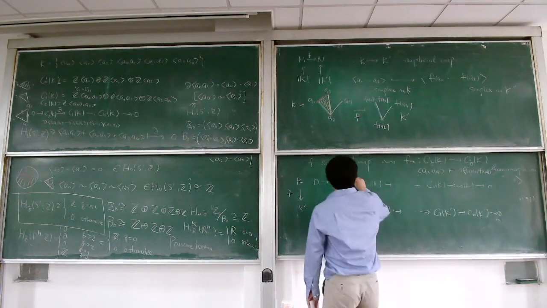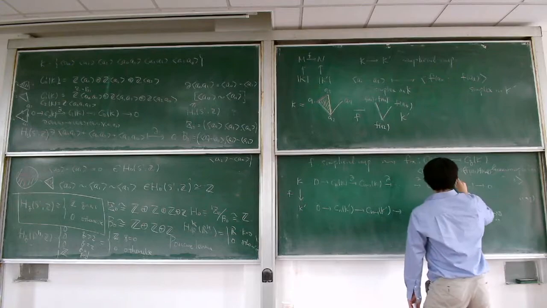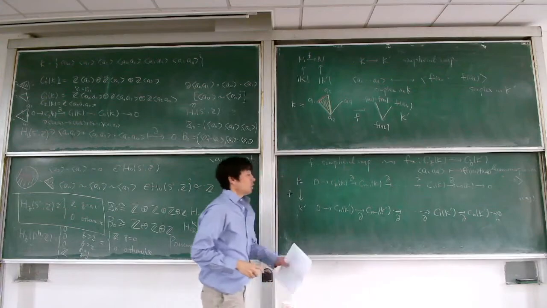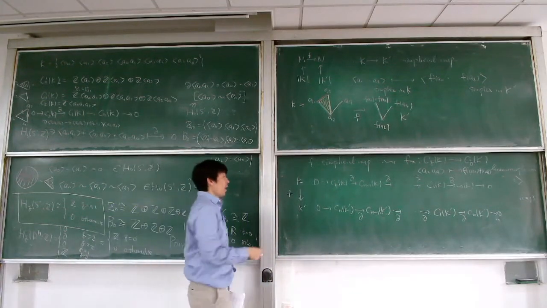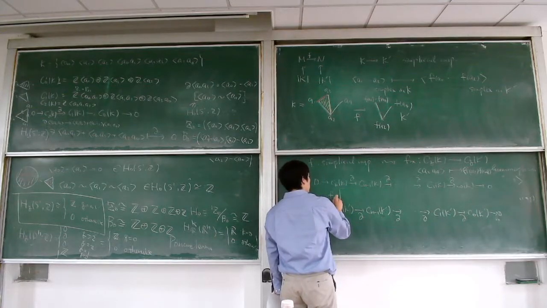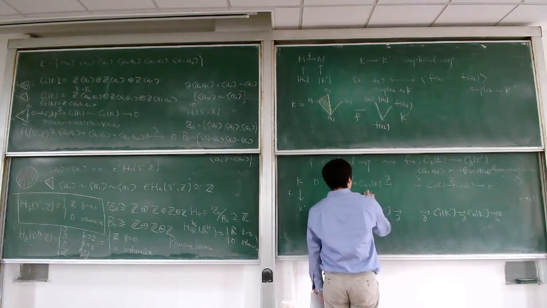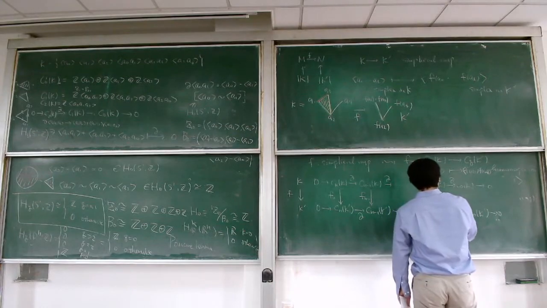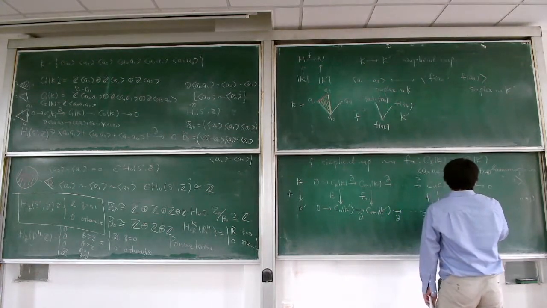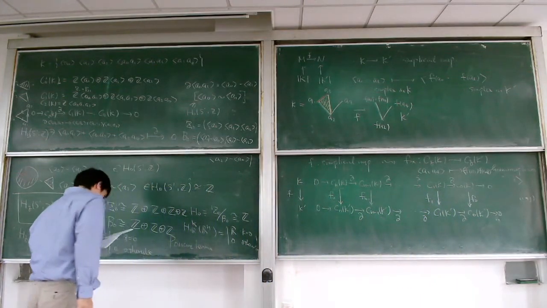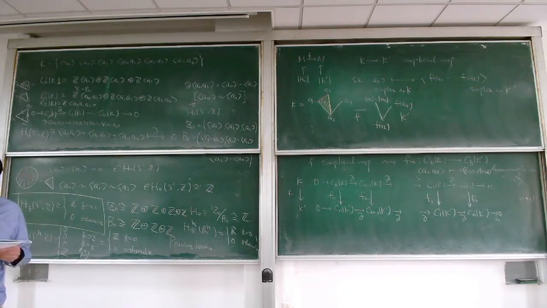And you just consider the boundary map, just compose the boundary map. So F will induce a homomorphism between chain groups.